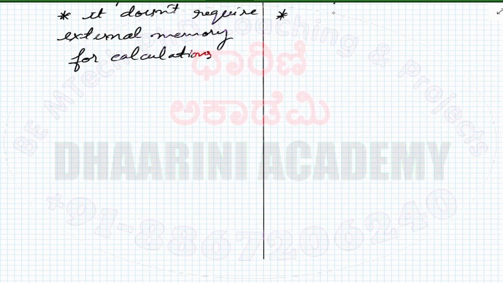But the CISC is very complex. It takes more memory for the execution, so you have to interface external memory for calculation.